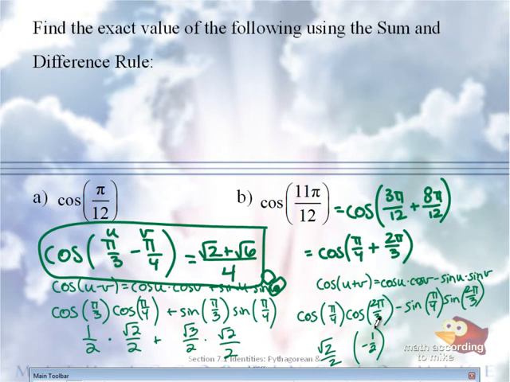Cosine of pi over 3 is positive 1/2. But in quadrant 2, it's negative 1/2. Minus, what's the sine of pi over 4? Radical 2 over 2. Times sine of 2 pi over 3, radical 3 over 2.